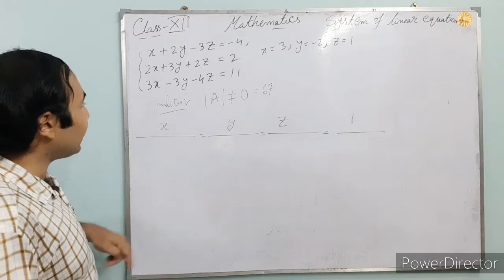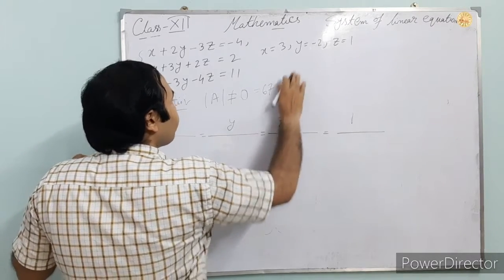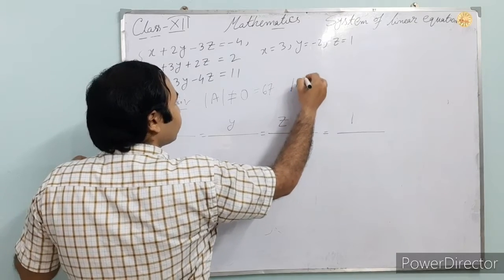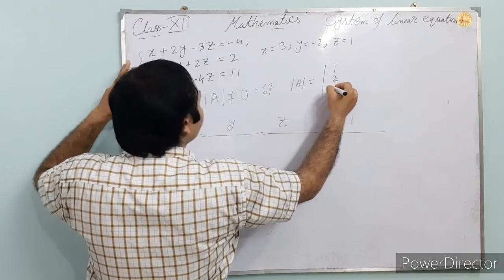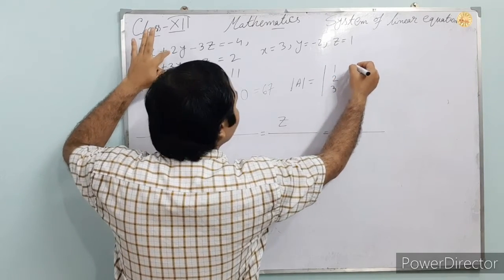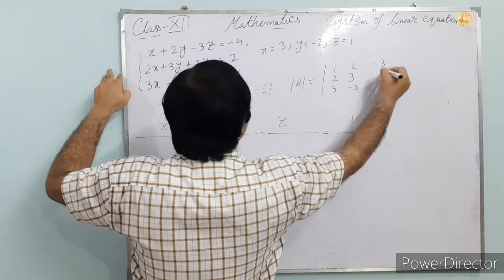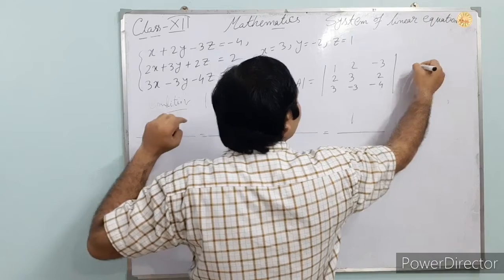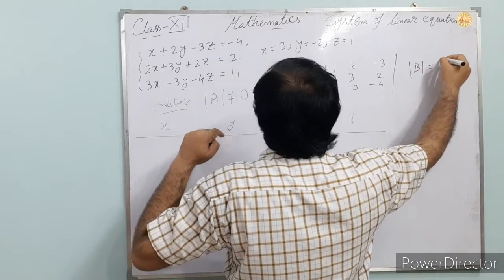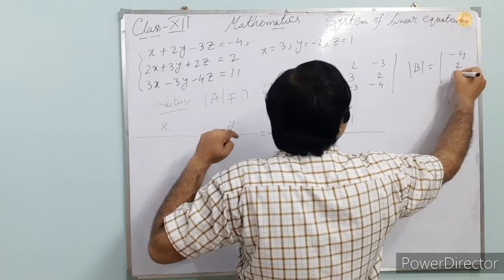Now here it is x. Actually, let me write down mod A once, then you can understand. 1, 2, 3; here 2, 3, minus 3; and here minus 3, 2, minus 4. And mod B, it was minus 4, 2, 11.